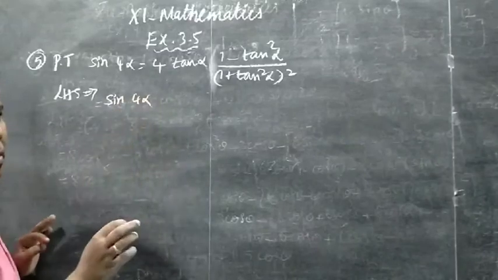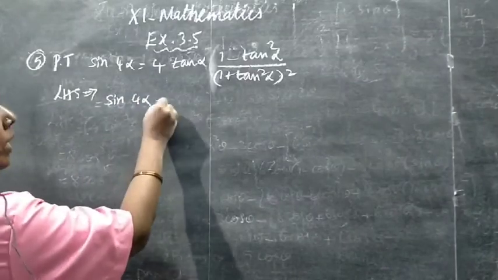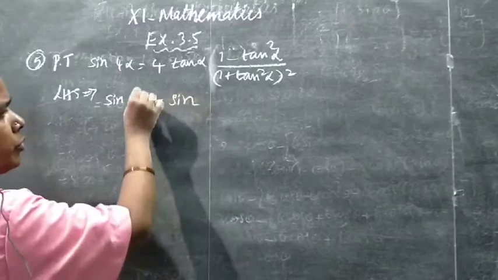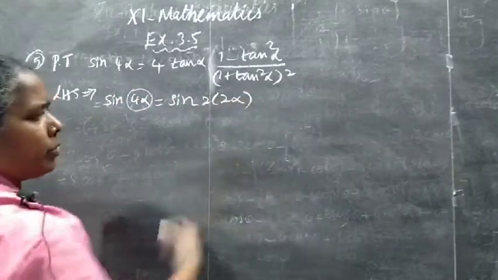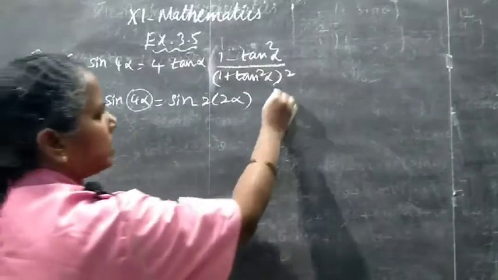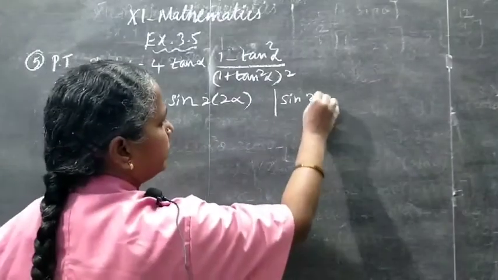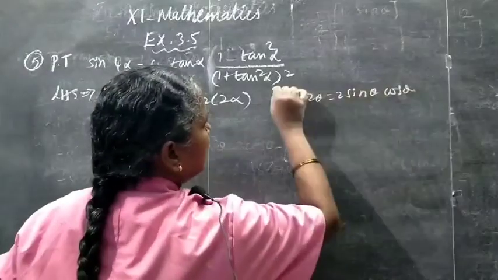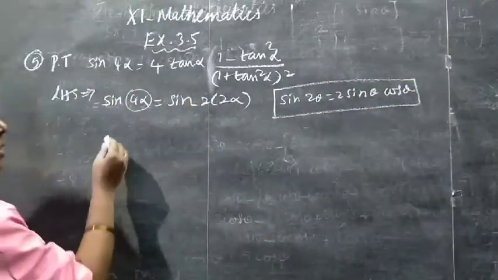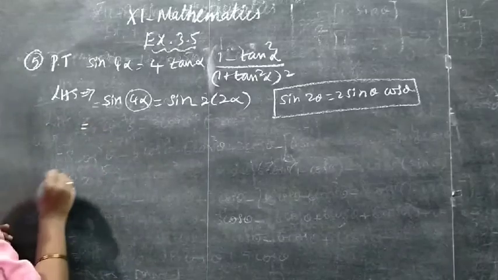This is a simple problem. This is a 3-mark question. Do carefully. How are we going to proceed now? This 4 alpha can be written as 2 into 2 alpha. We know that sin 2 theta is equal to 2 sin theta cos theta. Is it not? So that formula we are going to apply here.